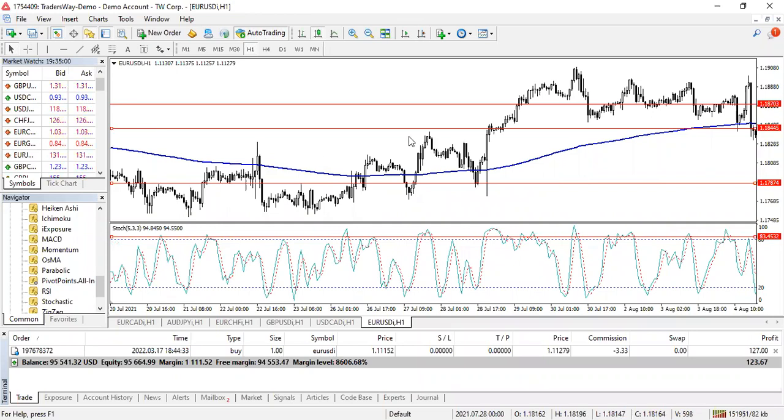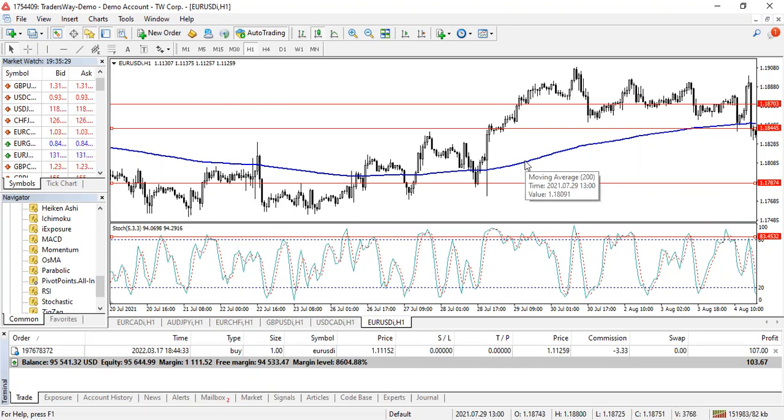Not really. We have many indicators, and each indicator has what it wants to indicate in the market, what it wants to prove to us. Like this 200 moving average I use here, it lets me identify a trend.